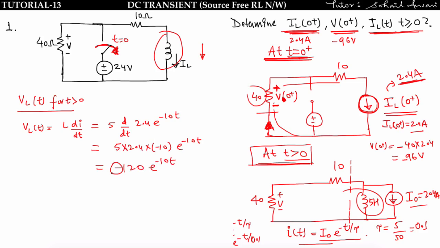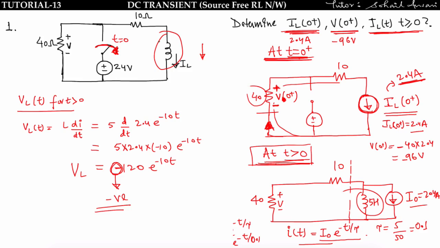Why are we getting negative voltage? This is my question. Why is the voltage across the inductor negative? We have already discussed this in my previous lecture. See, for t greater than 0, the inductor is fully charged and the inductor will dissipate its energy across the resistor. That means for t greater than 0, this inductor is behaving like an active element.